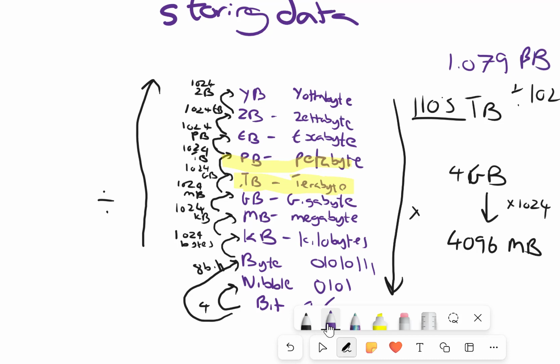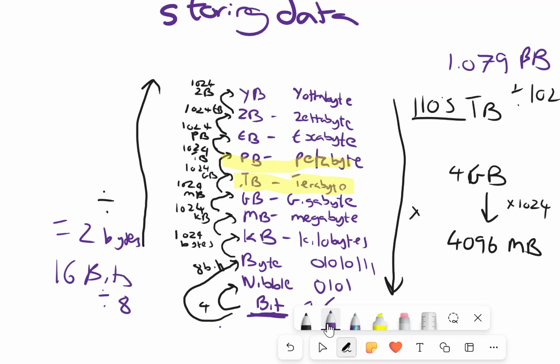So we're always dividing by 1024 or multiplying by 1024, apart from when we go from bit to byte or bit to nibble. So if we want to know how many bytes there are out of 16 bits, we're not going to divide it by 1024. We're dividing it by 8 because there's 8 bits per byte. So that means that we're going to have 2 bytes from 16 bits.